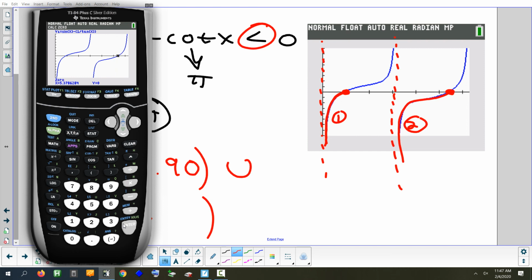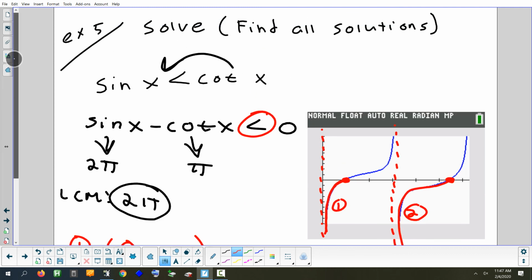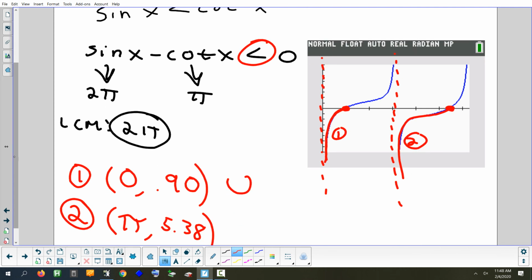So the other answer is 5.38. Now, you haven't done that. That's the easy part. All you've told me is 2 specific areas where it's less than 0. How often does region 1 and region 2 repeat? Every what? Every cycle, which in this case is every 2 pi.